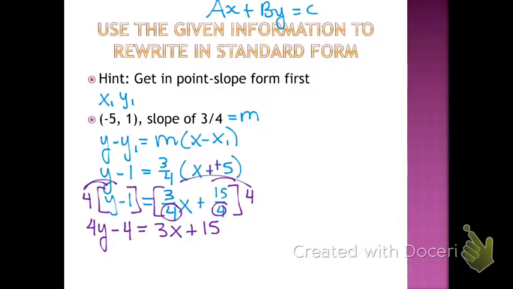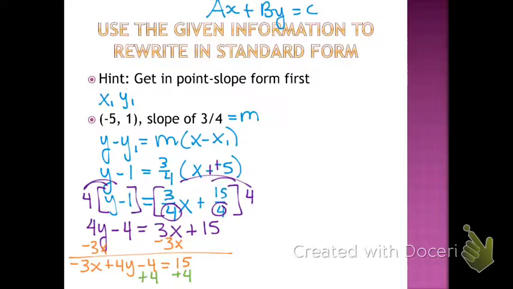Now, we want the x to be on the left-hand side, so we're going to subtract 3x from both sides. Now we've got negative 3x plus 4y minus 4 equals 15. And we need all of the constants to be on the right, so we're going to be adding 4 to do that.